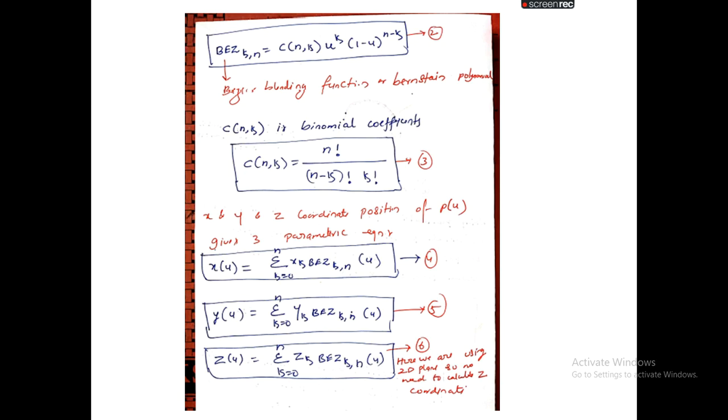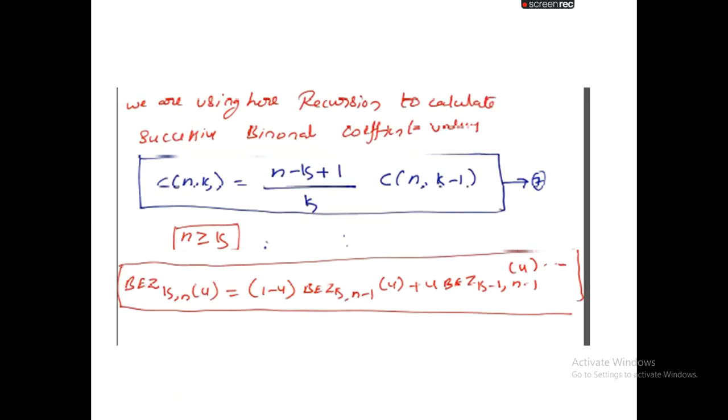Now this parametric equation also uses recursion. Here we are using recursion to calculate successive binomial coefficient values, that is C of n k equals (n minus k plus 1) by k into C of n k minus 1. This is a recursion. We know that in data structures, recursion is nothing but a function that calls itself.